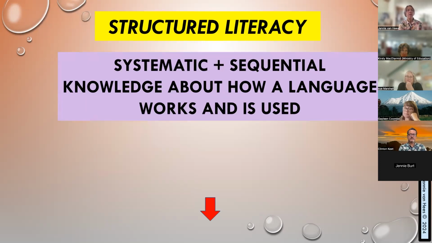So at the big view level, it's systematic and sequential knowledge about how language works and is used. I have a little bit of a problem with both those words because language learning is a messy affair. And while we purport to be systematic and definitely explicit, it's not at all always sequential.